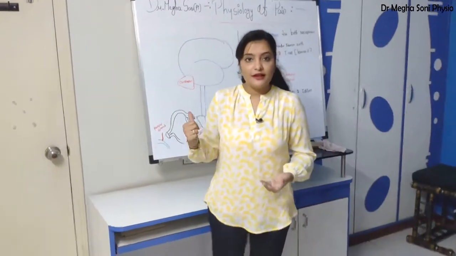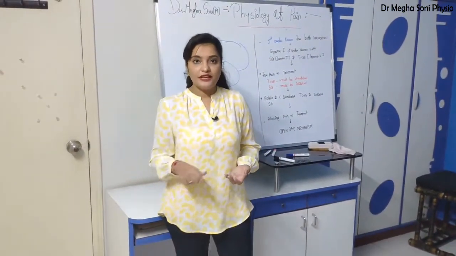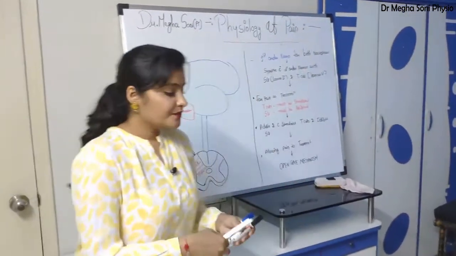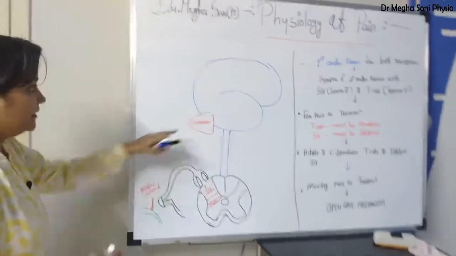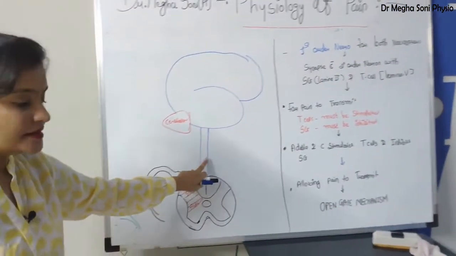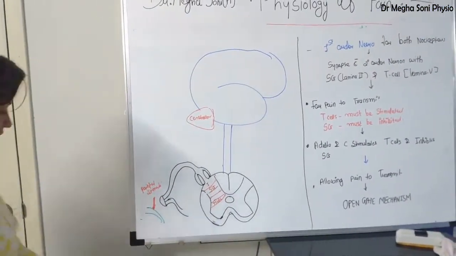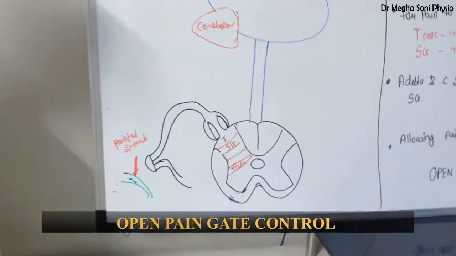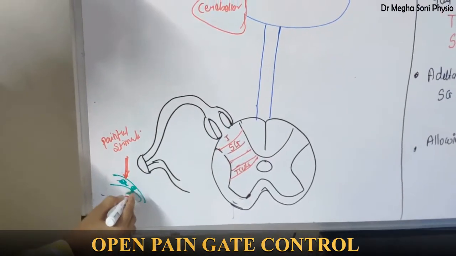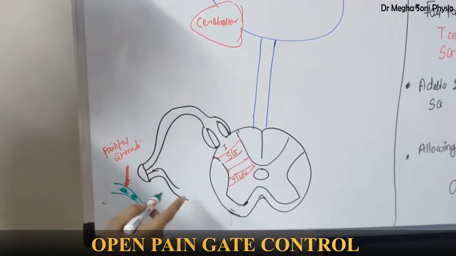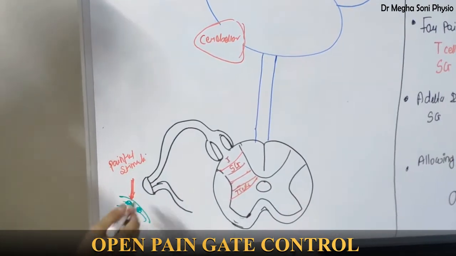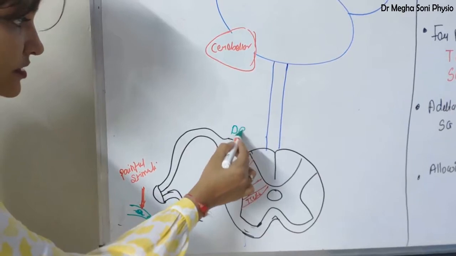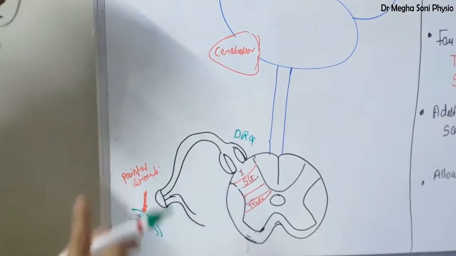So quickly we'll again see the transmission of that pain and then we'll see the open gate mechanism. So this is the cerebral cortex, this is the brainstem and this is the spinal cord. Fine. So this is a painful stimulation given to the skin. The receptors situated here get stimulated and it causes pain, and this pain sensation will be carried to the first order neuron, that is the dorsal root ganglion, through which fibers?